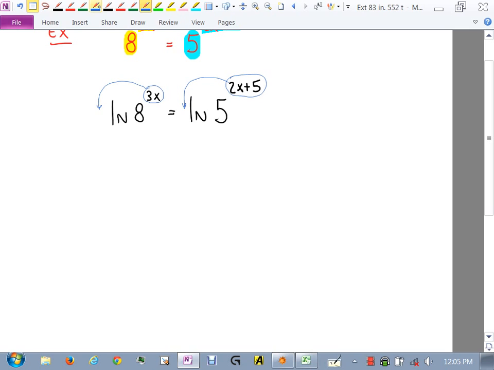So let's do that. 3x, I don't need parentheses around it because it's only one term. And I still have natural log of 8 here, right? Equals, on this one, do I need parentheses? Yes. 2x plus 5, and then what? Times natural log 5.